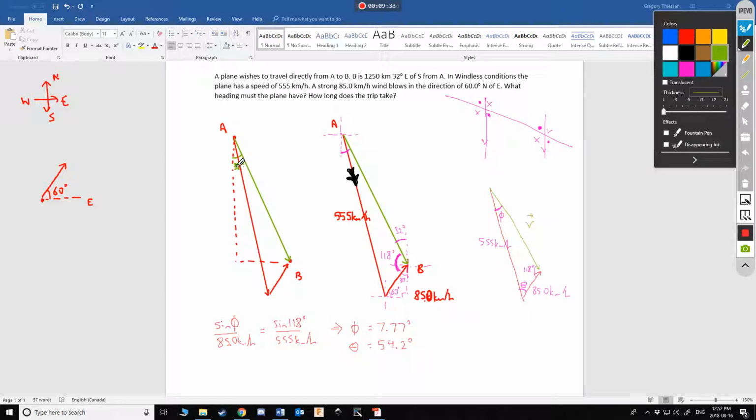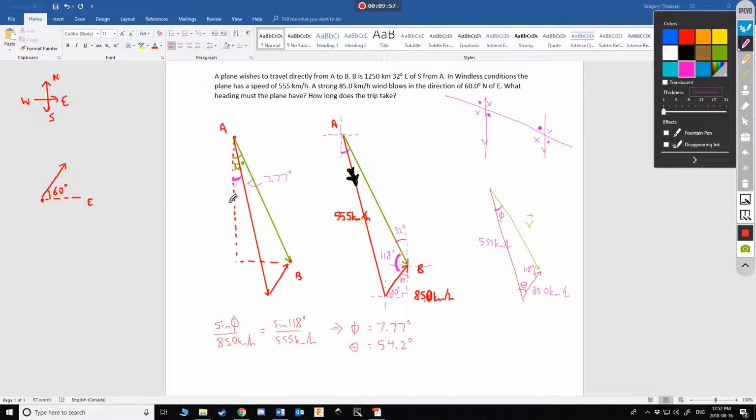We see that this angle is 32 degrees from A to B. We're trying to find out what angle the plane must face. So we're trying to find out what this angle is right here. We just solved that this angle is 7.7 degrees.